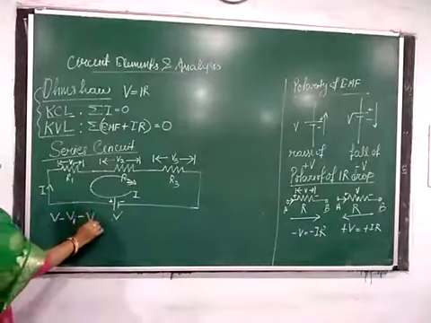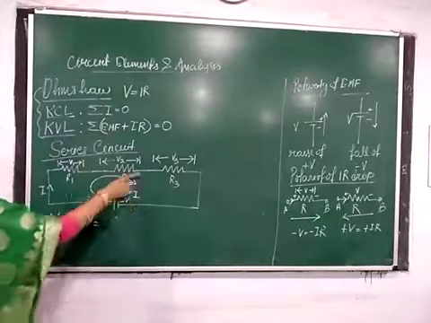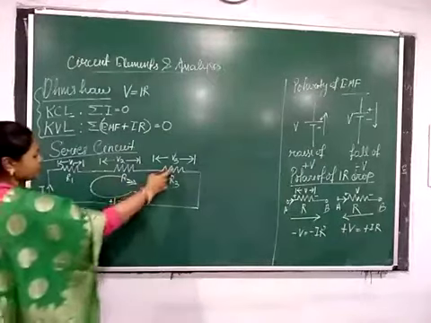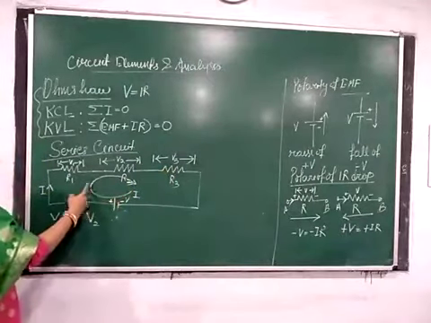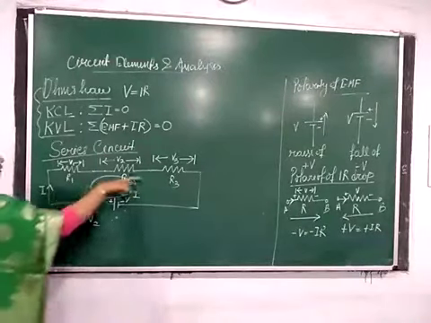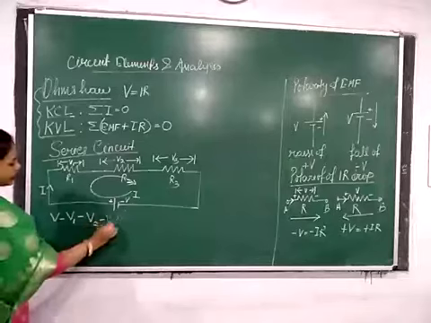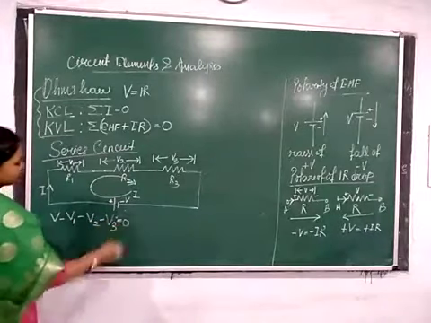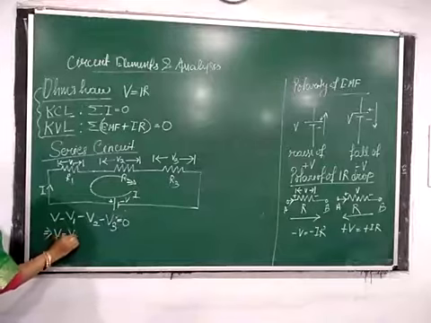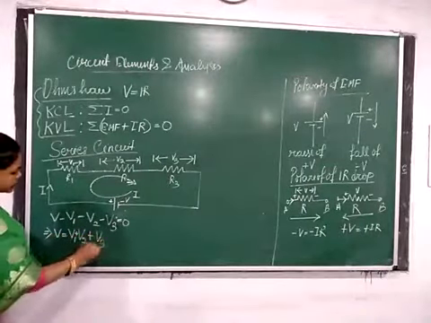Similarly for V3, the branch current is forward and the assumed direction of current is also forward, so minus V3 is equal to 0, or V is equal to V1 plus V2 plus V3.